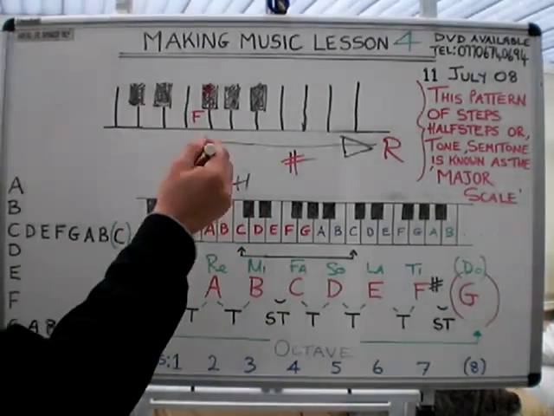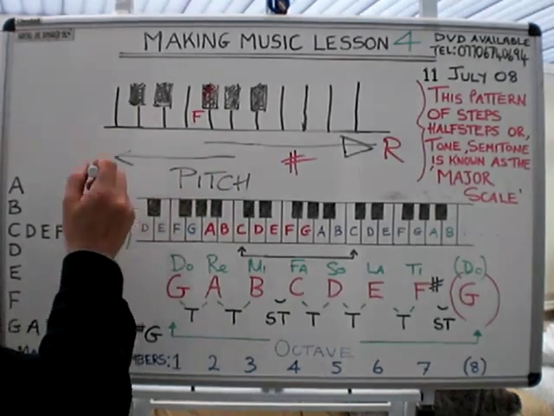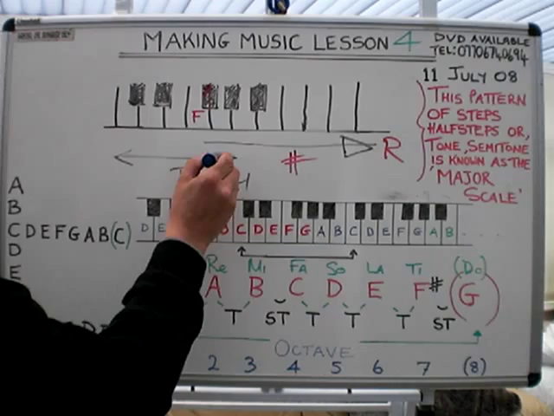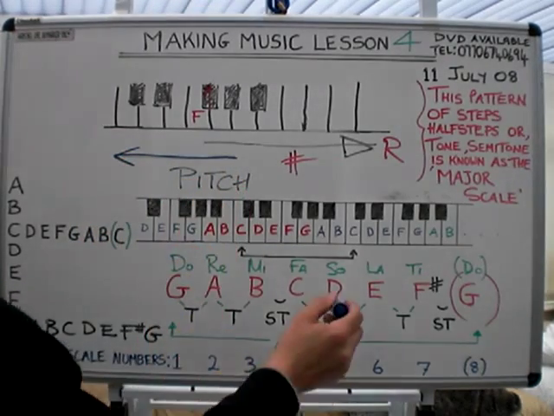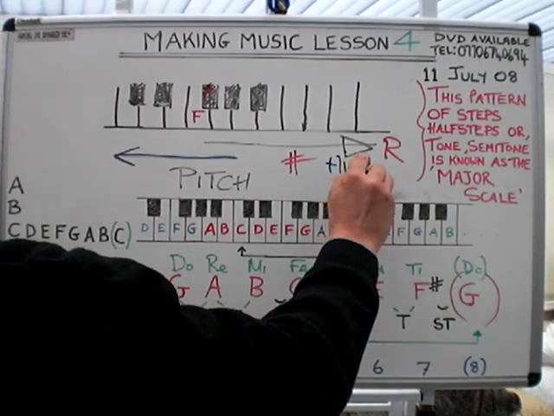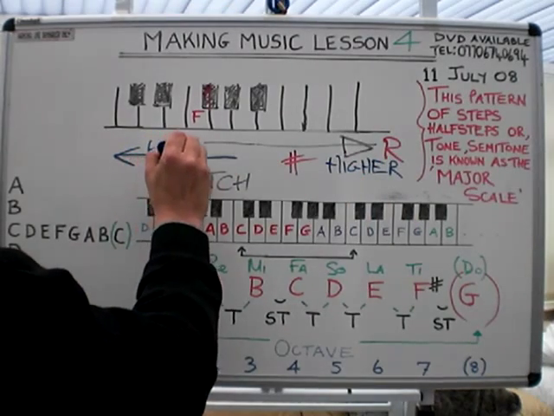When we move to the left, okay, the pen's running out. When we go to the left, let's use a blue one. When we go to the left, we're lowering in pitch. So we get higher here, higher pitch, and lower pitch.